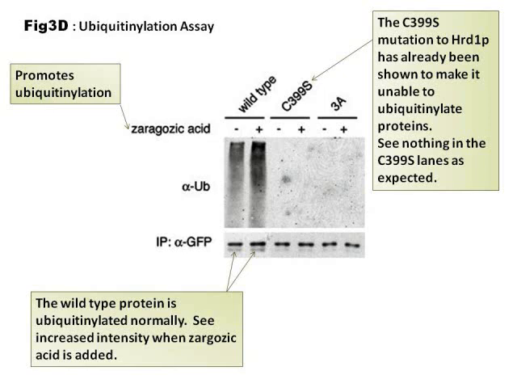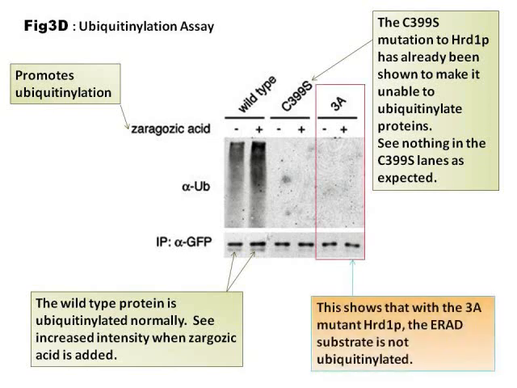This is also expected since the HRD1P variant, C399S, was previously shown to be non-functional for ubiquitinylation. Finally, the most important part of this figure is seen in red. You can see that there was no ubiquitinylation from the 3A HRD1P mutant.